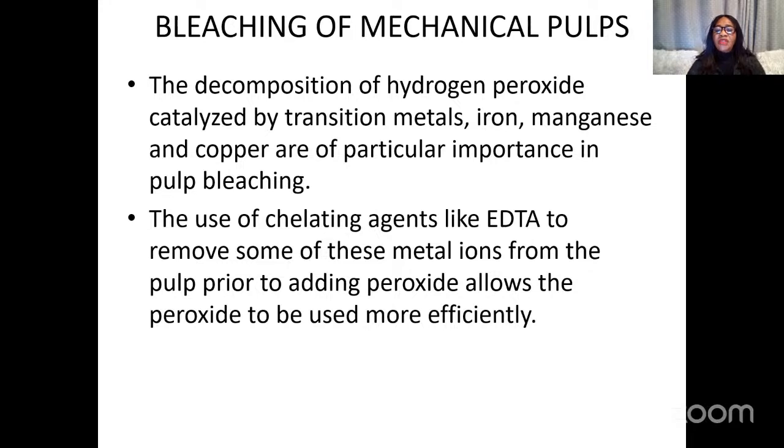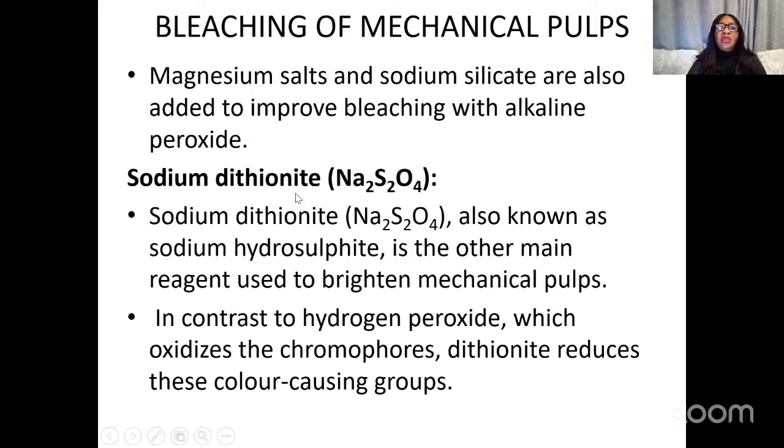The use of chelating agents like EDTA is important to remove some of these metal ions from the pulp before adding the peroxide, and this will enhance the efficiency of the peroxide. Magnesium salt and sodium silicate are also added to improve bleaching with alkaline peroxide.